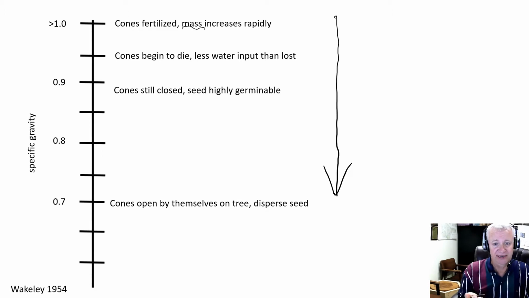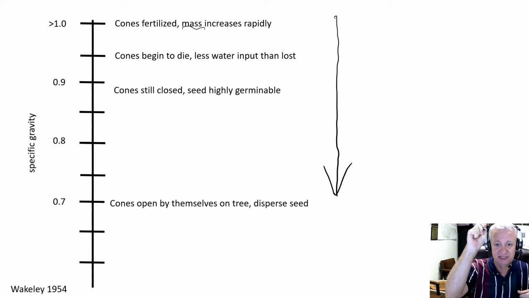But at some point, once the seeds are starting to reach maturity, the cone, the woody part of that reproductive structure, starts dying, and input of water from the tree stops. So the cone begins to lose more water than its input, and begins to dry out a little bit. As those cones dry out, their specific gravity starts going down.